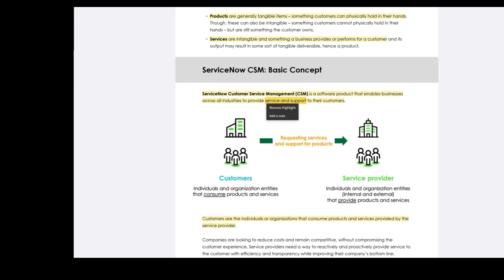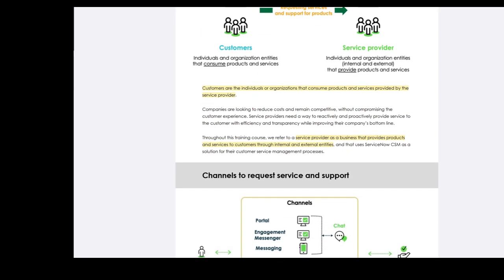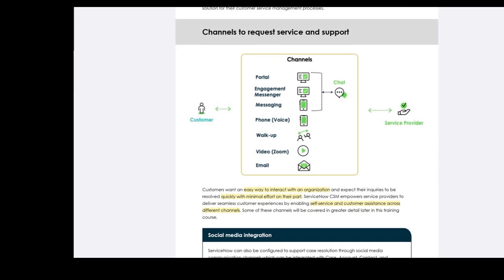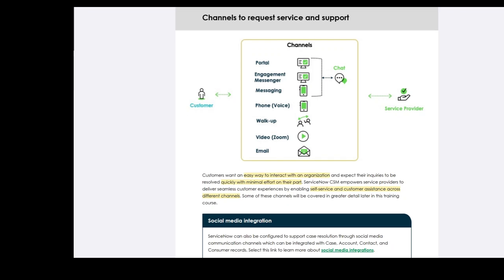So moving on, the next topic that I'm going to discuss is channels to request service and support. If I am the customer, and I face an issue with my broadband or internet, channels means how I can request the support from the service provider, right? The most typical way that we all, like the customers, use is phone call or email.